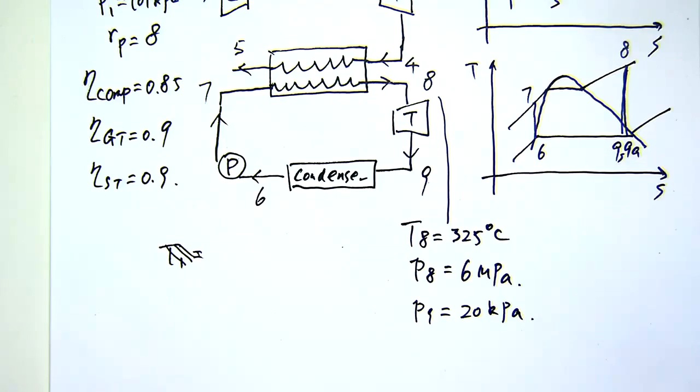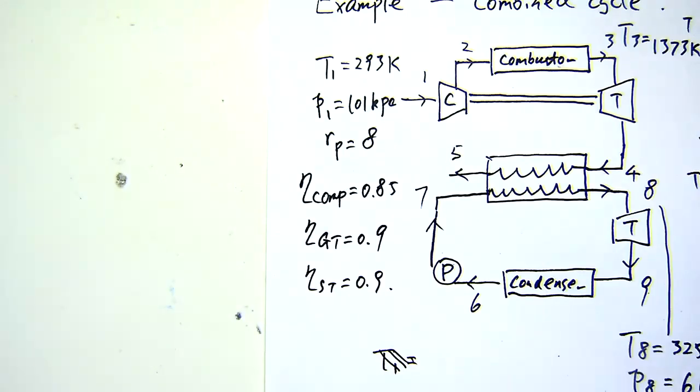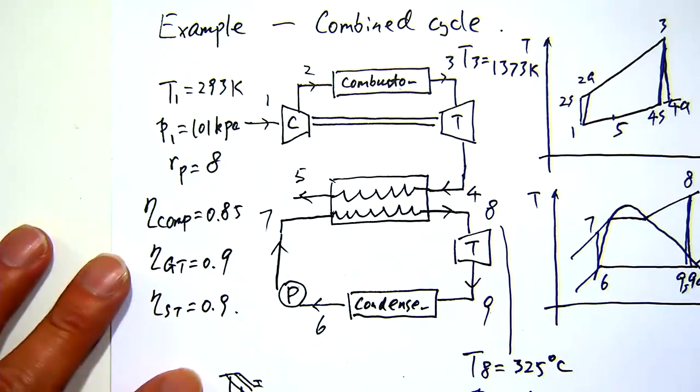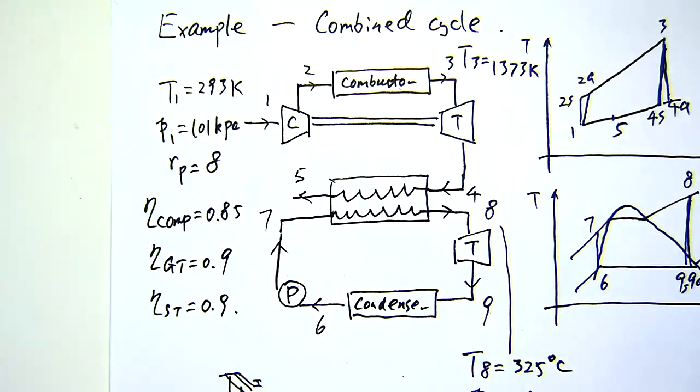All right, so I just put all these conditions together as a start. So by doing that, we actually complete the first part, which is requiring us to draw the TS diagram.